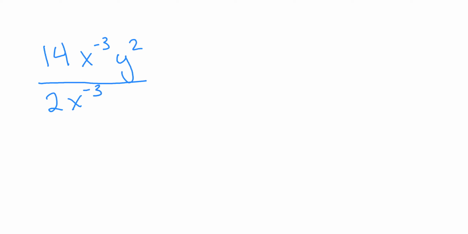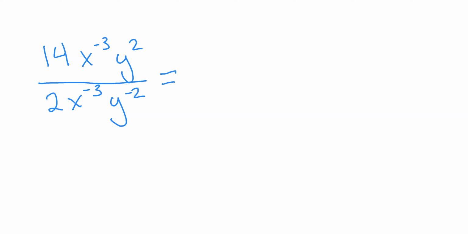Here we have 14x to the -3 times y squared over 2x to the -3 times y to the -2. All right. So here we are going to have to translate what our negative exponents mean.